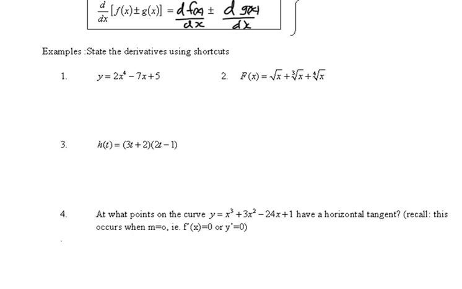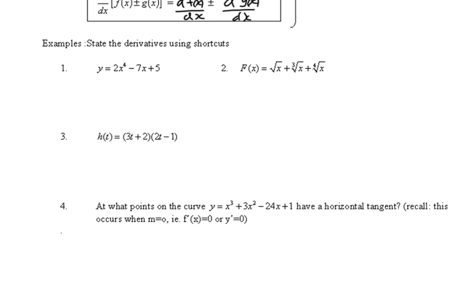I'm going to do this first example for you. We can see here that in this polynomial, we have a couple of variables, but also some constants being multiplied, and then we have three terms. Our derivative now will distribute over all three terms.